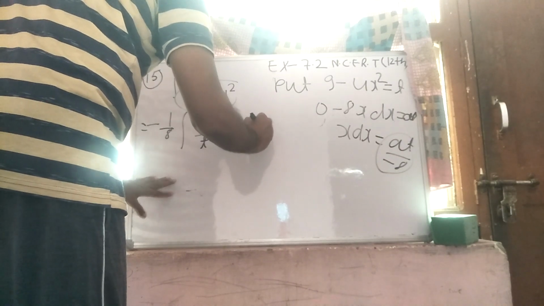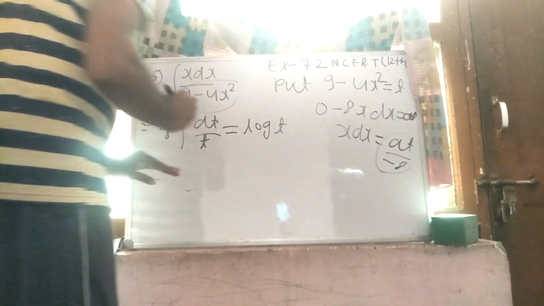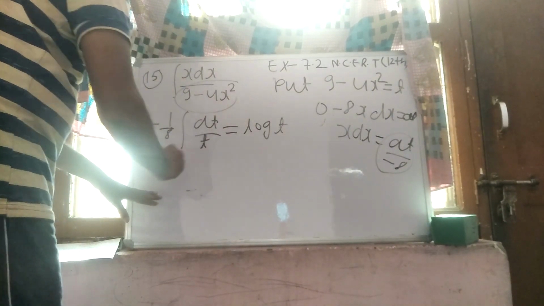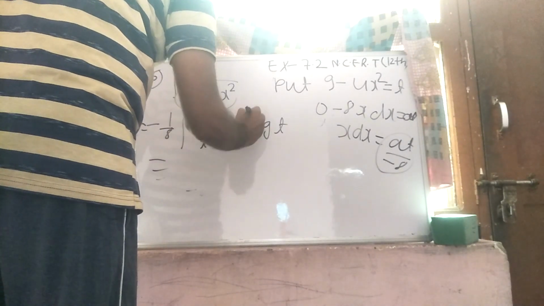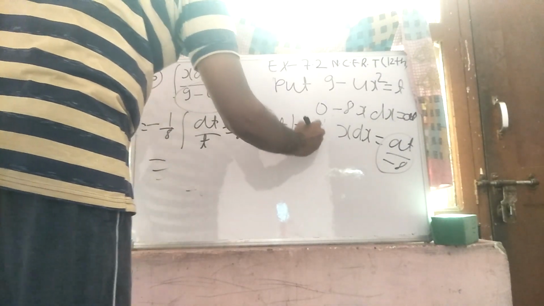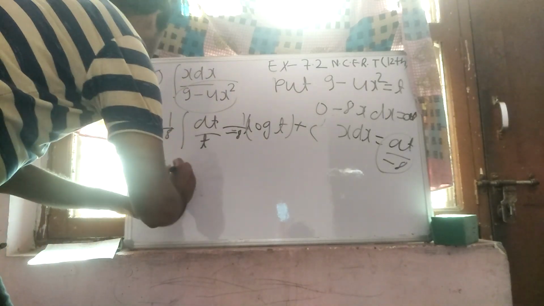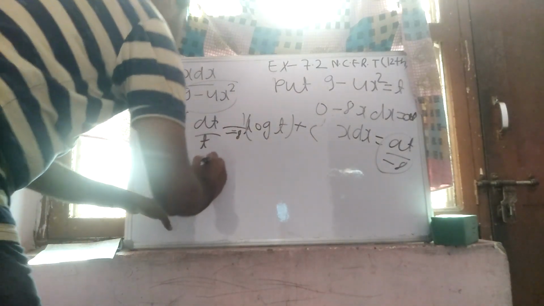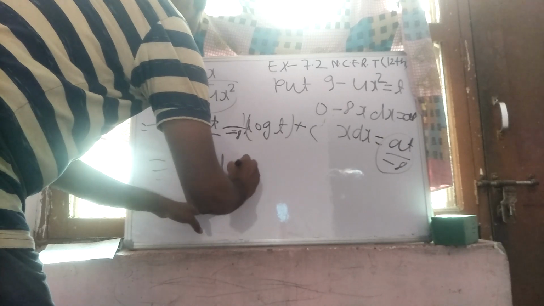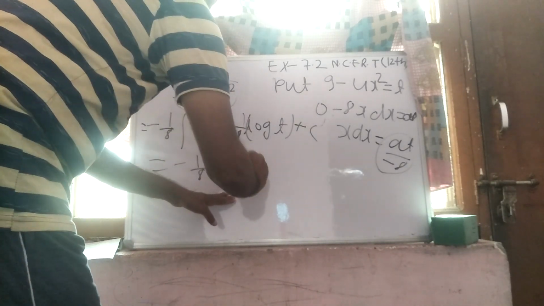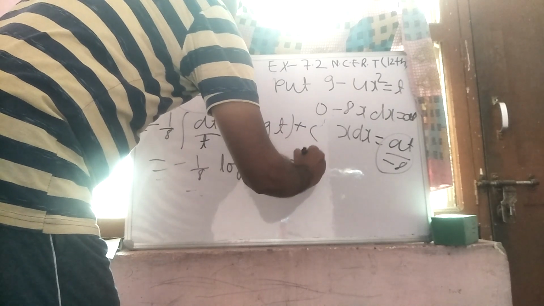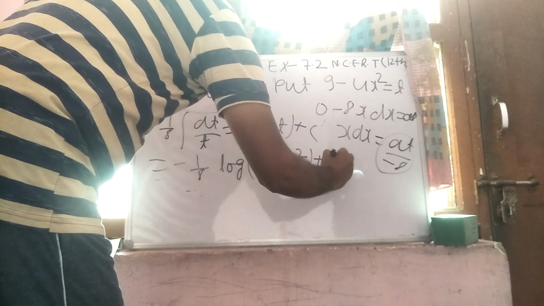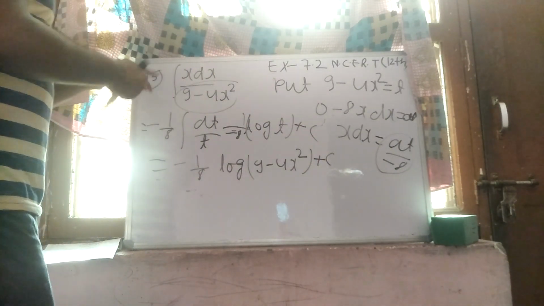The formula for this is log t, so we have minus 1 upon 8 log t plus c. If I put back the value, we have minus 1 upon 8 log of 9 minus 4x square, plus c.